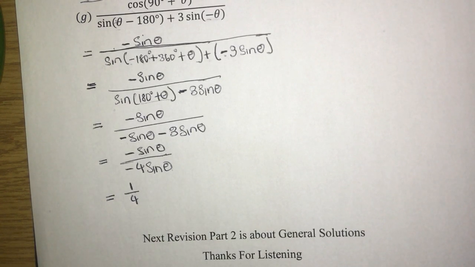Then sine theta divided by sine theta is 1. Then I'll be left with 1 over 4. I hope you understand what I was trying to say there, and I hope this makes sense to you.